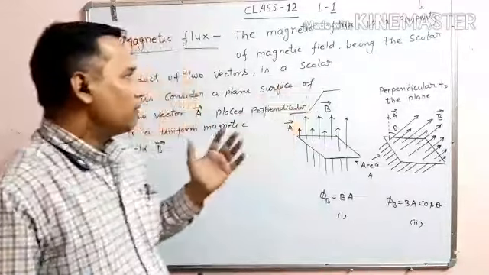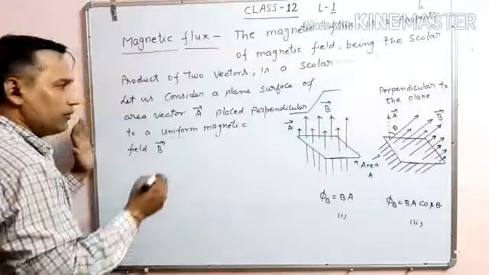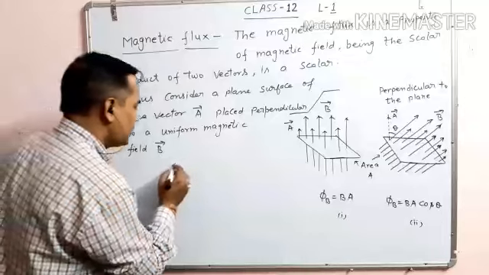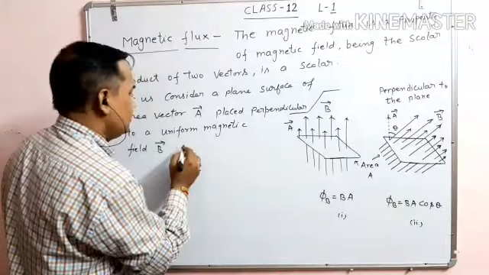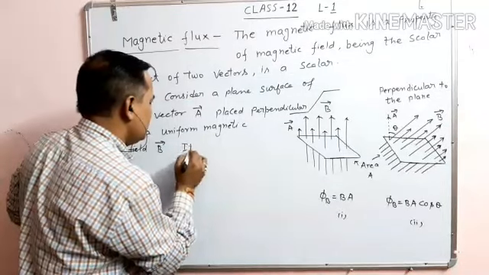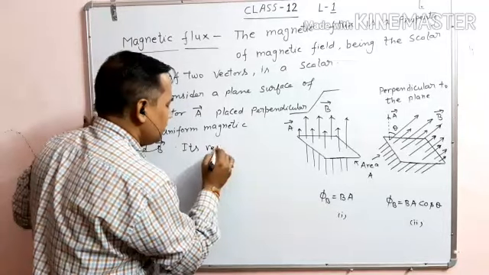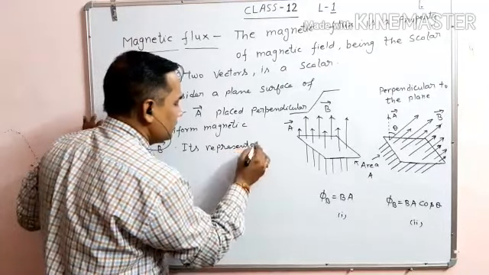Let us consider a plane surface of area A and a uniform magnetic field in which that surface is placed. The scalar product of the two, its representation is phi b.